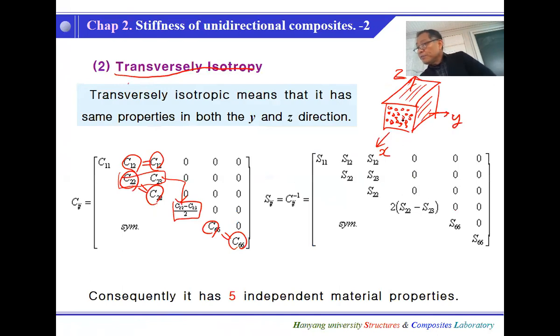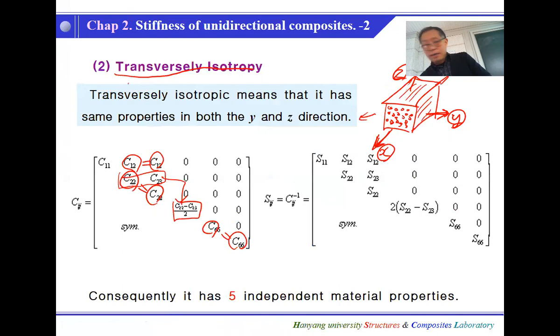Then simply these X directional material properties are different from Y and Z, right? In other words, you can imagine that when you have an extension there will be some deformation, and compared to the other direction, let's say you apply it this way, there will be different deformation.